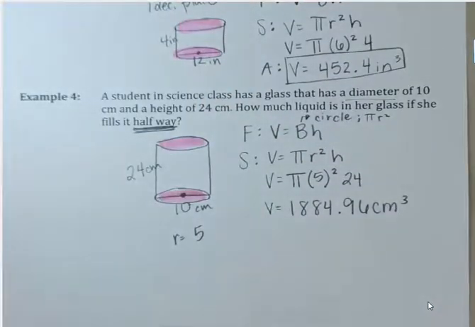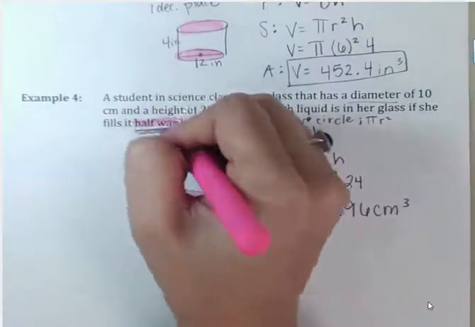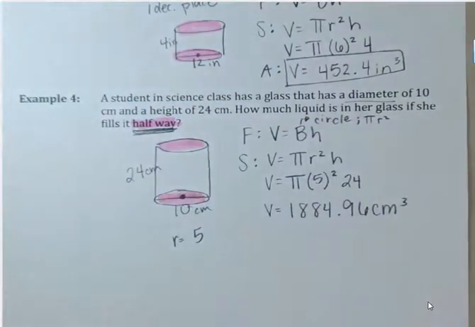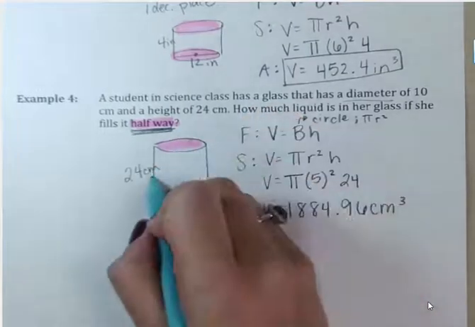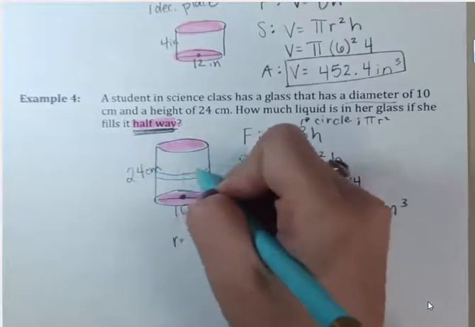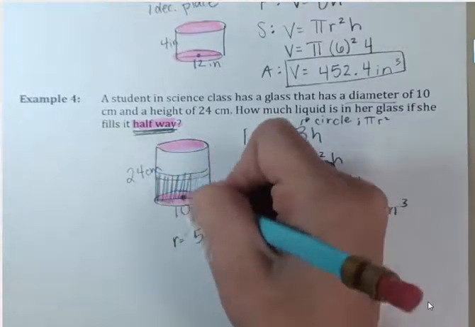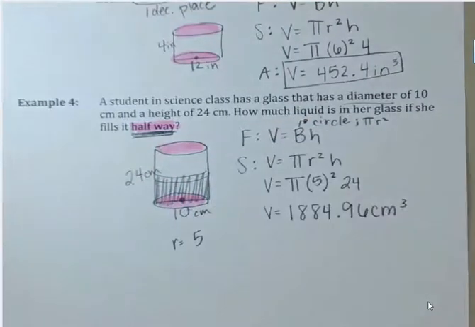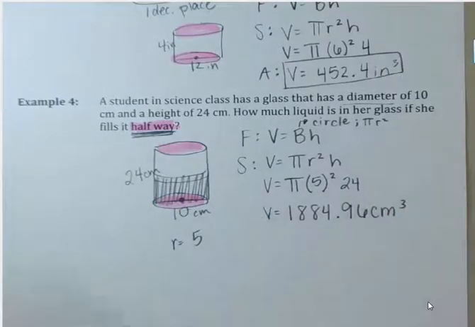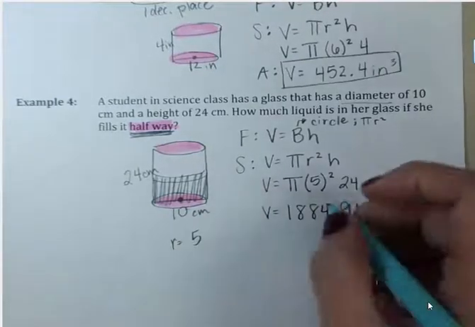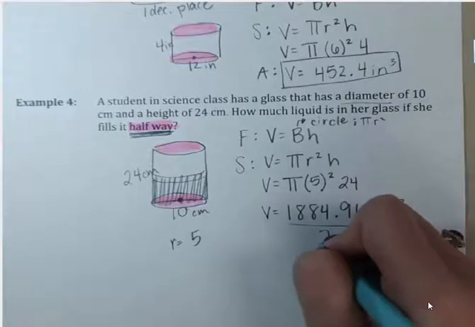Okay, if you boxed that or you said yes, you forgot about this part. It only wants to know what the volume is if it's halfway. Well, if it's only filled, well, it's not really half, I guess it's half. Halfway, I only need to know half the volume. So I need to divide this by what? I need to divide it by 2.